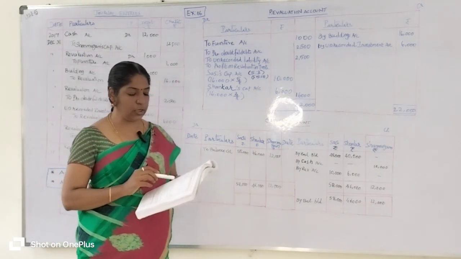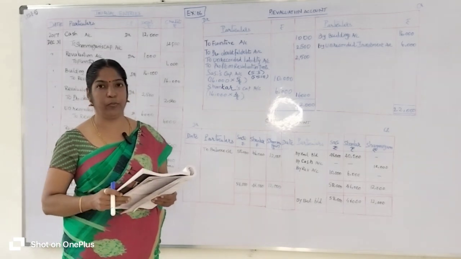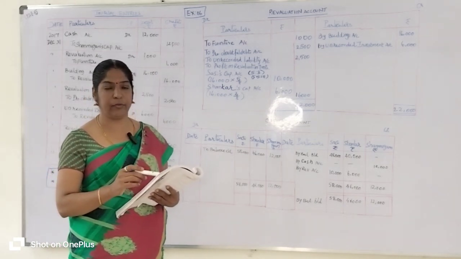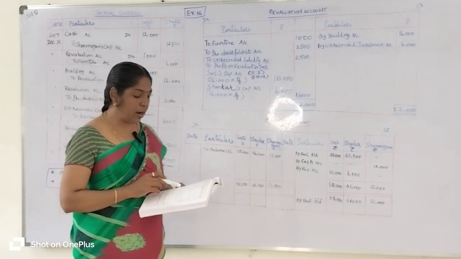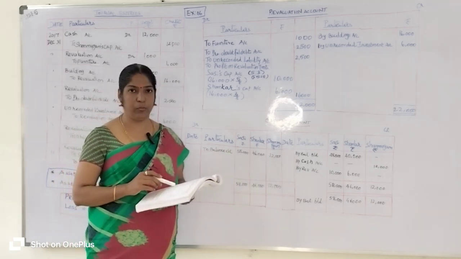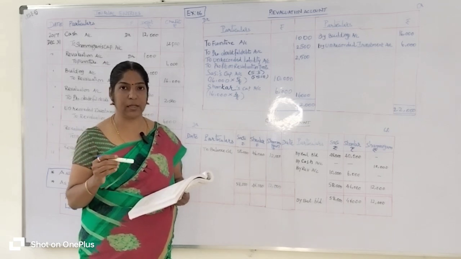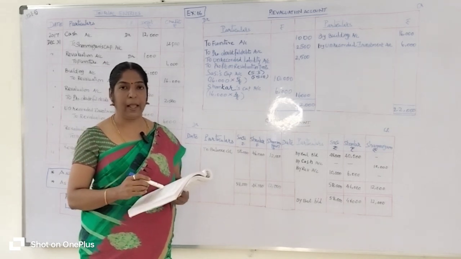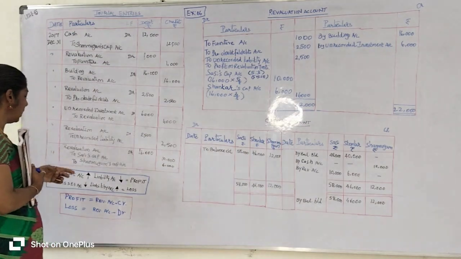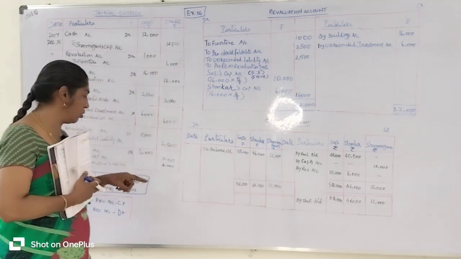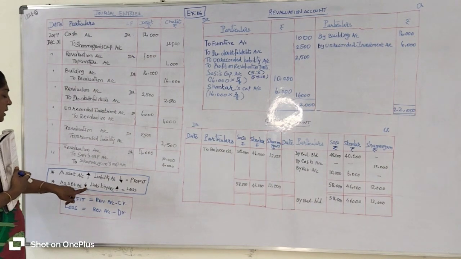Then, furniture is to be revalued at 5,000 rupees. Already we have furniture of 6,000 rupees on the asset side of the balance sheet. Now, revalued furniture at 5,000 rupees means the furniture account decreased by 1,000 rupees. Furniture belongs to asset account. So, the asset account decreases.